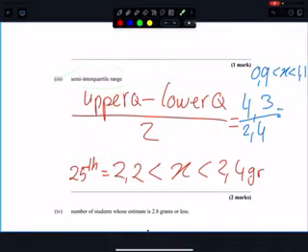Semi-interquartile range. That is the upper minus the lower divided by 2. Now, if you notice, it gives 2 points, of course, because you need to figure out the lower one. And what is the lower one? The 25th person.